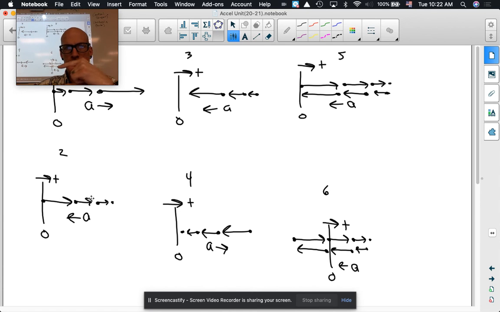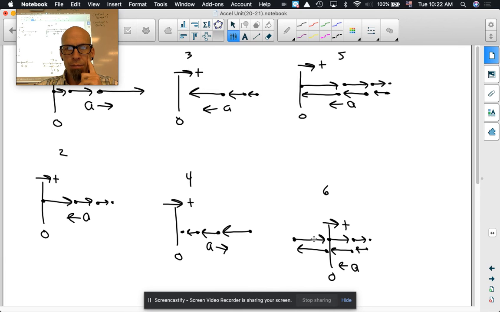Opposite direction. Here. Again, opposite direction. Up top here, moving in the positive direction, but slowing down. A is the opposite direction.